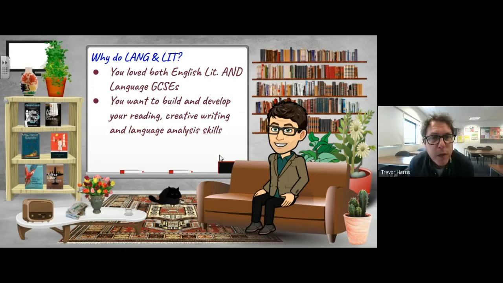You want to build and develop your reading, creative writing, and language analysis skills. Of course, all of the 3 A levels do that. But what's unique about language and literature is what I put in the middle there, the creative writing. Your coursework on language and literature focuses on this kind of creative writing aspect, writing fiction and non-fiction pieces of your own original work.